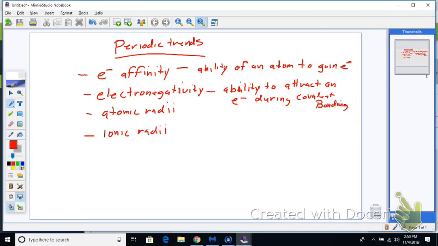Here, with electronegativity, they're bonded. Electrons are bonded. They have a sharing take place. Electron affinity, they haven't bonded yet. So this atom is either going to gain or lose electrons based upon its desire or affinity to pull in an electron. Okay?